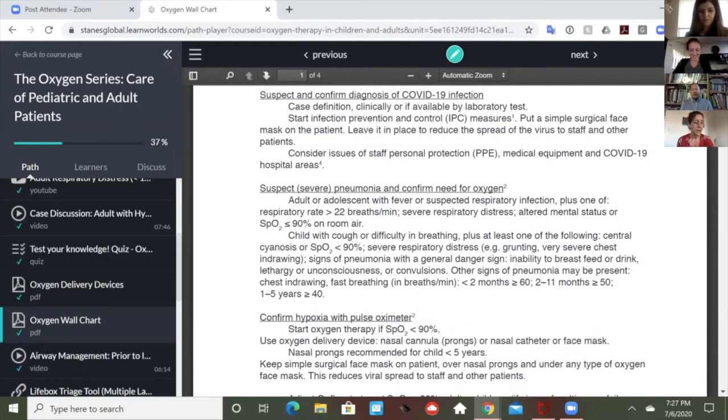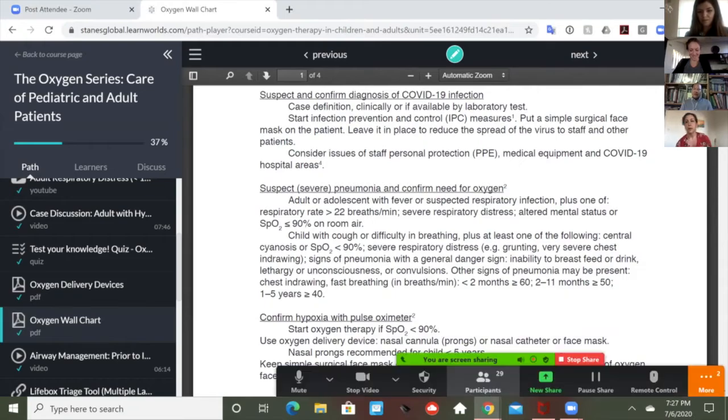So early in the course of responding to COVID-19, we were hesitant to use high-flow nasal cannula in patients because the high level of oxygen flow can cause viral aerosol, so it can be a risk to the bedside provider.